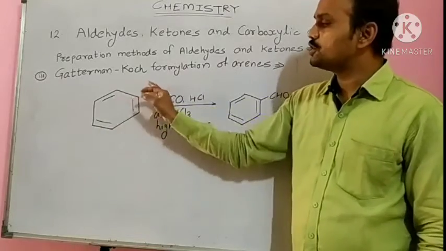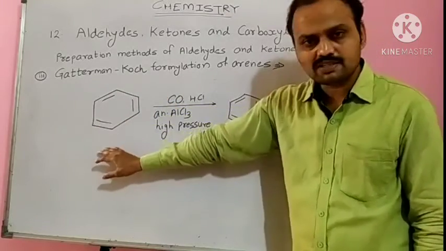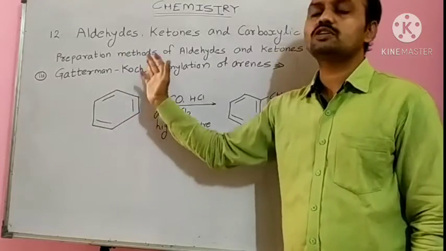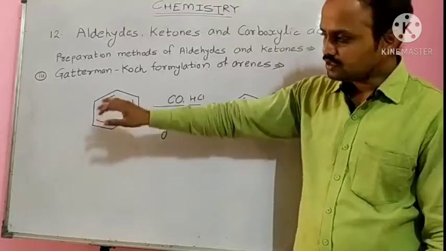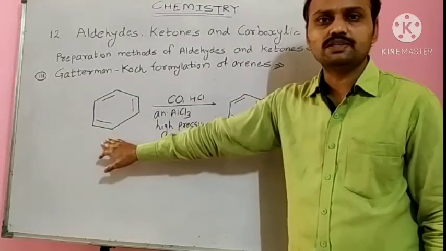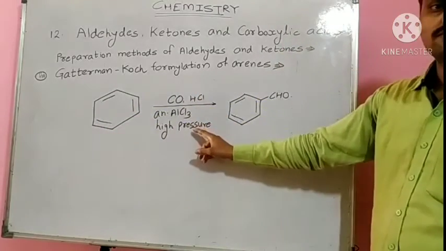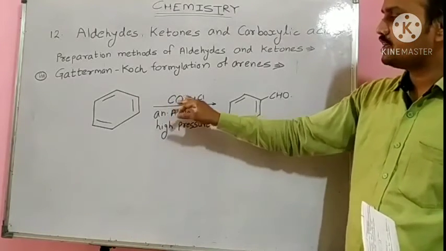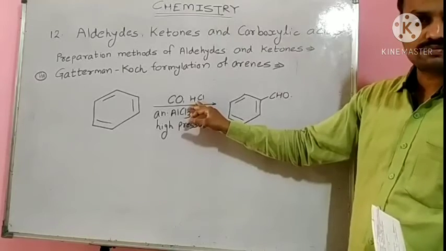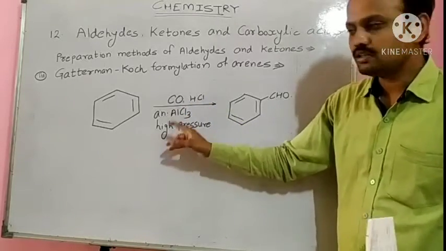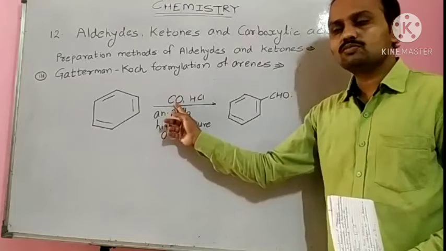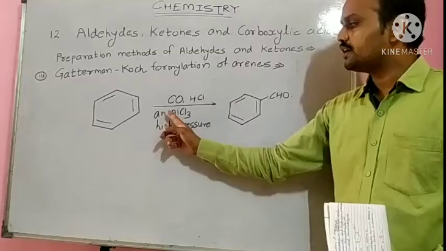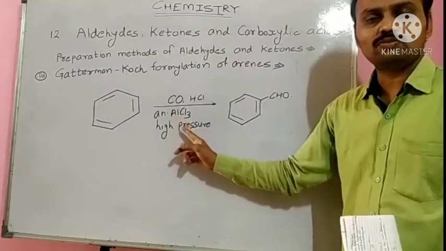Benzene or substituted benzene, meaning a plain benzene ring or one in which hydrogen is substituted by other groups, reacts under high pressure with carbon monoxide and hydrogen chloride in the presence of anhydrous aluminium chloride, AlCl3.